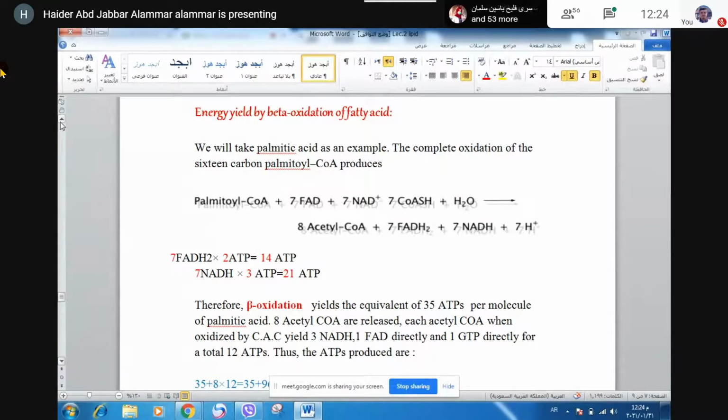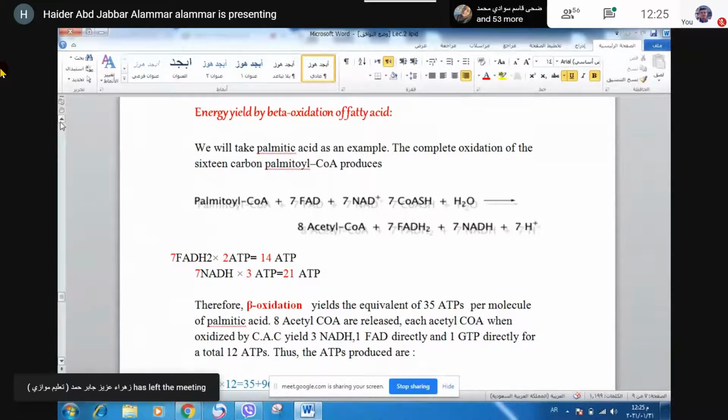If I ask you to calculate the energy yield by beta oxidation only, for this example, what do you say? We will multiply 7 by 2 regarding FADH2. You must know that FADH2 gives 2 ATP and NADH gives 3 ATP. So we multiply the number we got, 7. 7 multiplied by 2 equals 14 ATP. Regarding NADH, 7 multiplied by 3 equals 21.